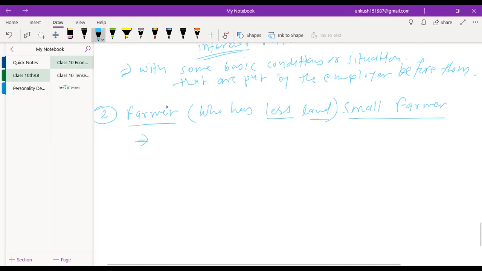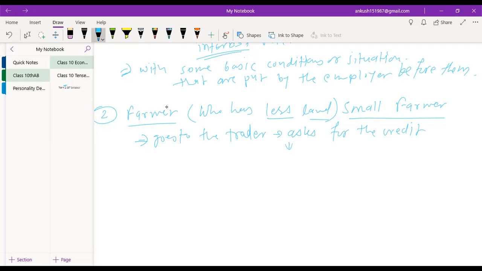In this case, the small farmer, what does he do? Actually, he goes to the agricultural trader, and he asks for credit. What kind of credit?